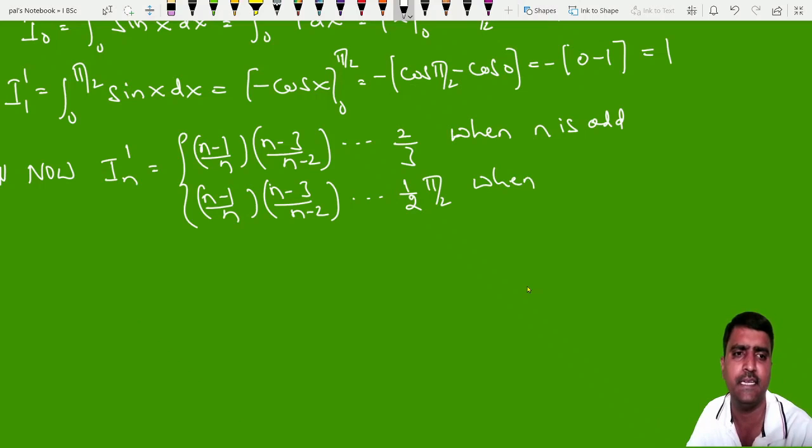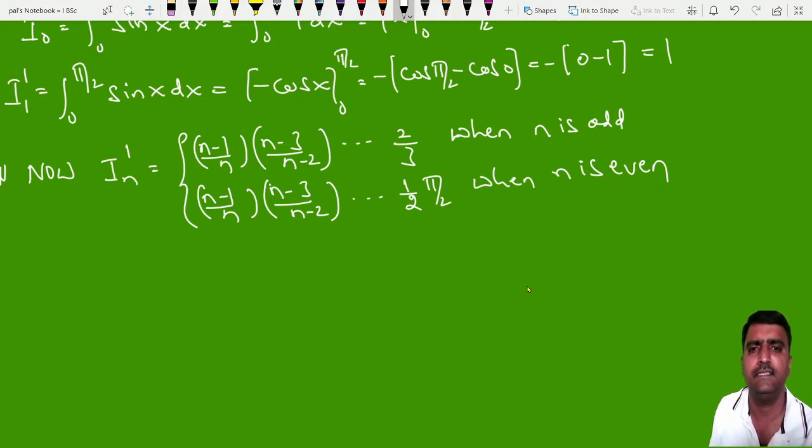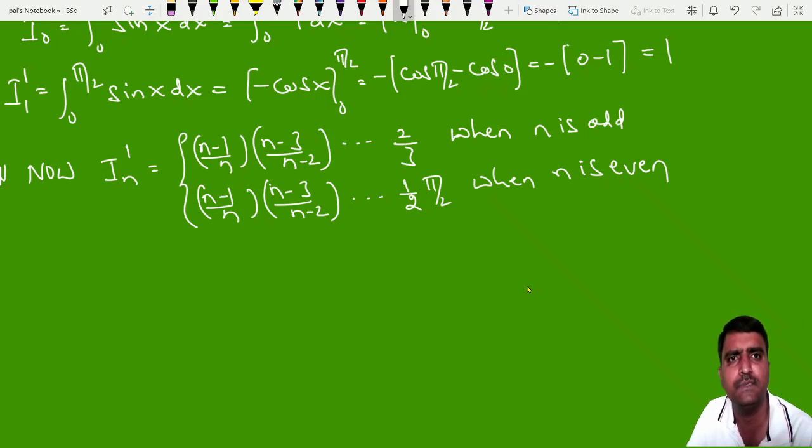So this is the reduction formula when n is even number. So this is the reduction formula for integration from 0 to pi by 2 of sine to the power n x.